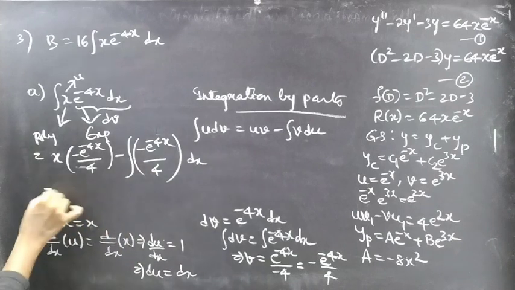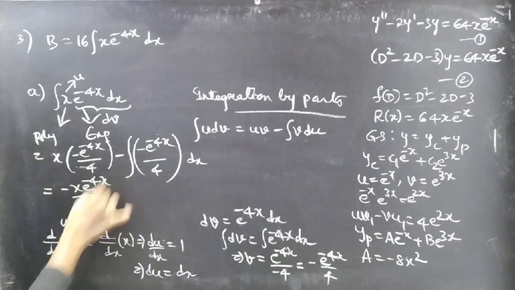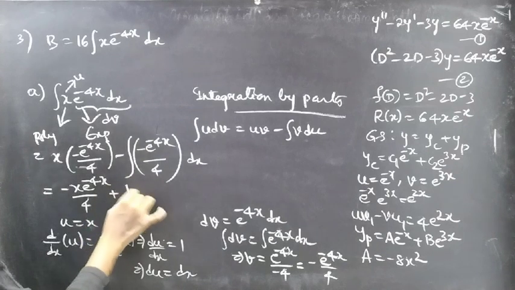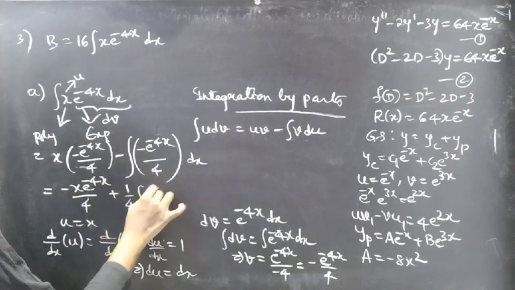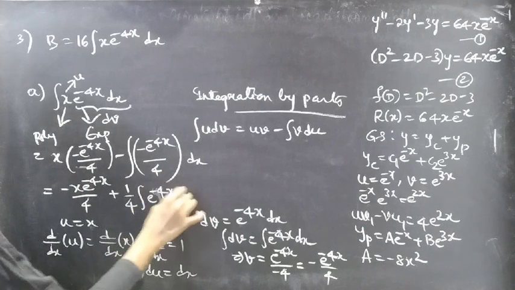This gives us minus x e power minus 4x by 4, minus into minus, plus 1 by 4 into integral e power minus 4x dx.